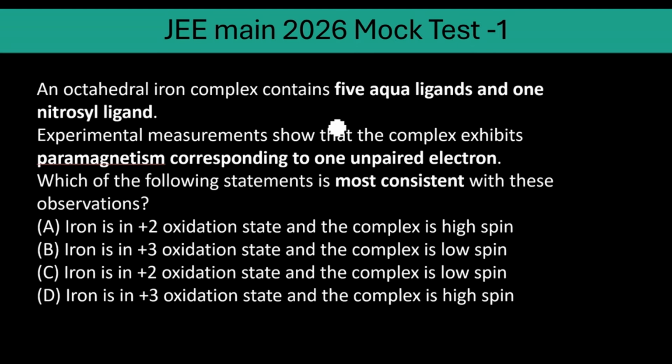An octahedral iron complex has 5 aqua ligands and 1 nitrosyl ligand. The experimental measurements show that the complex exhibits paramagnetism corresponding to 1 unpaired electron. Which of the following statements is most consistent with these observations? Iron is in +2 oxidation state and the complex is high spin.